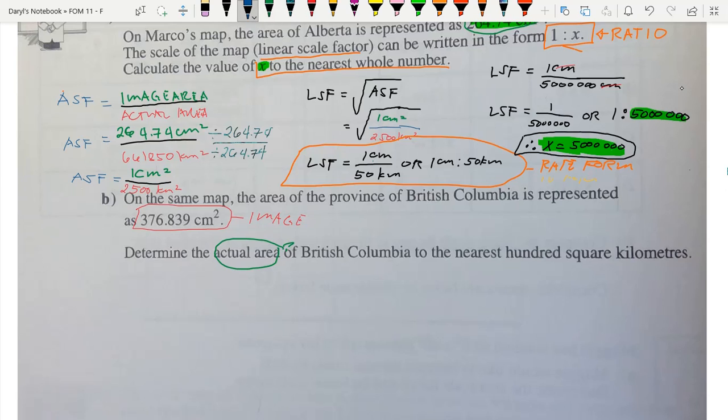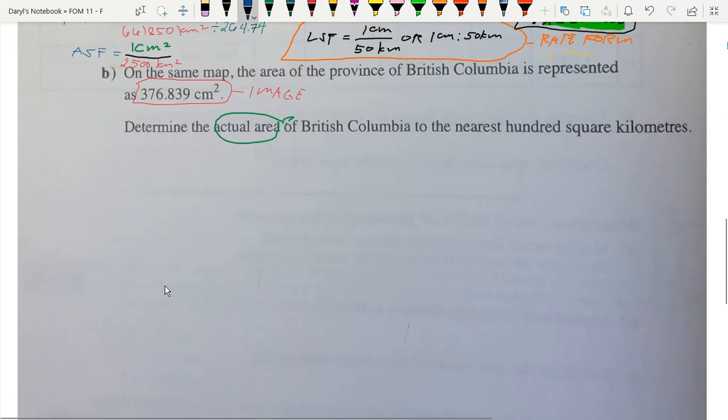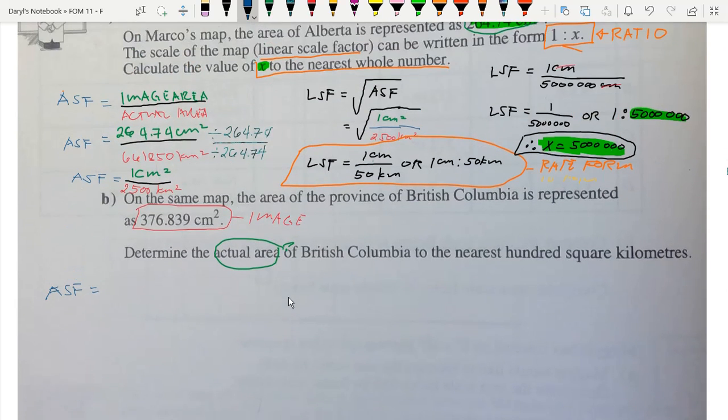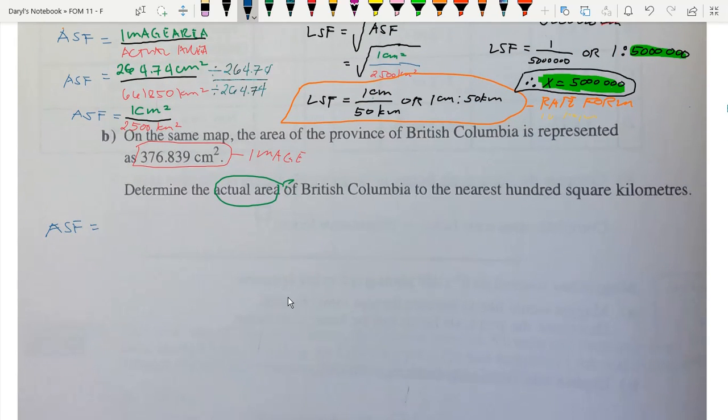Again, if I list out the things that I know: the area scale factor from my previous, from letter A, is 1 cm squared for every 2,500 kilometers squared, right?